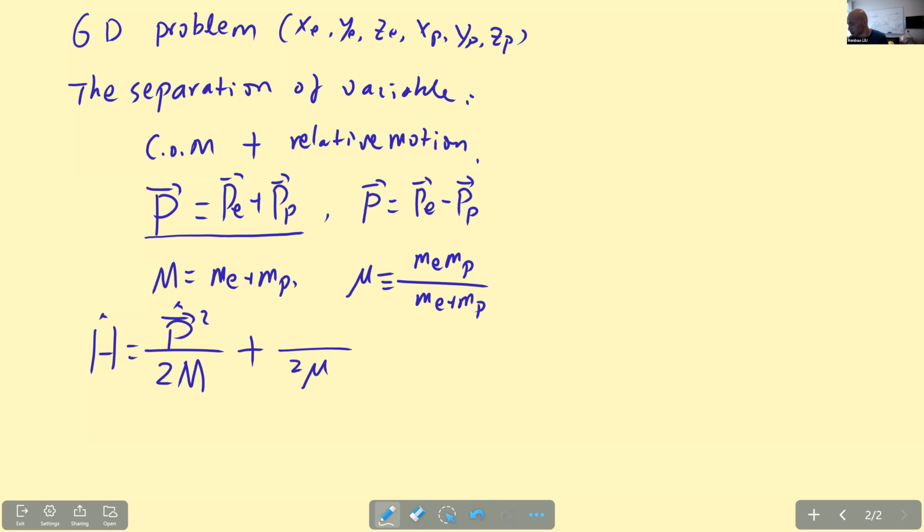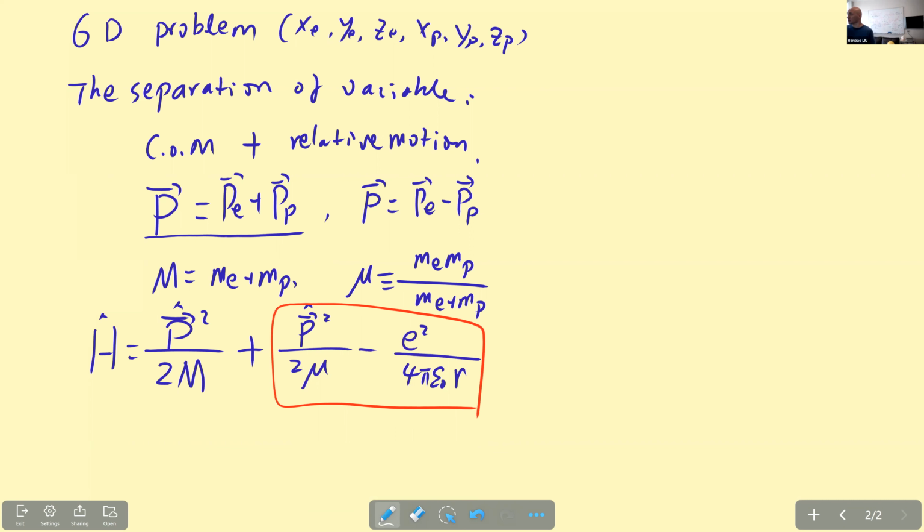And this one is given by the motion of the reduced mass. Okay. And then minus E squared over 4 pi epsilon 0 and R. Right. So this part is the one that we are interested in.